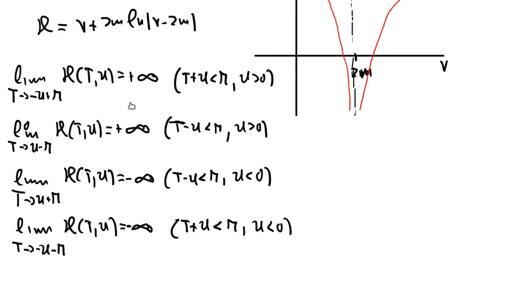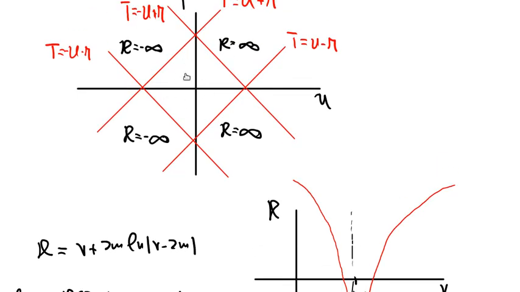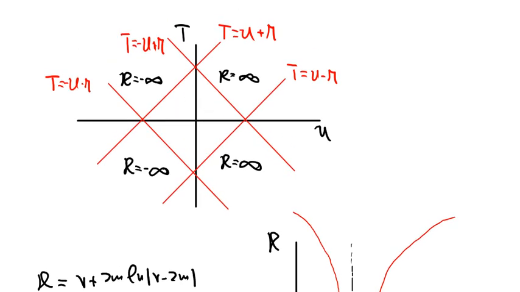And just remember that we're approaching from the inside. The reason we're approaching from the inside is because we have picked this central square as the region which will represent our space-time.